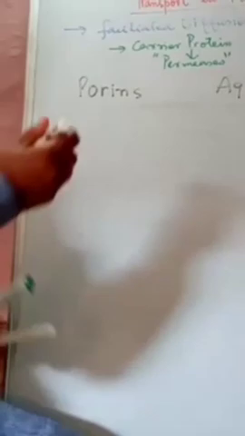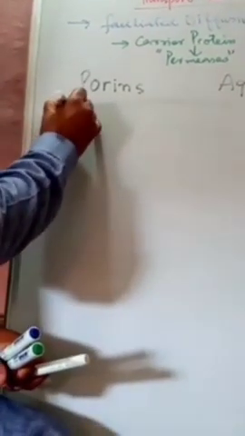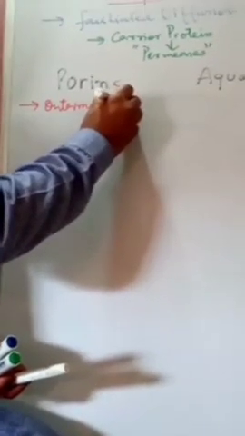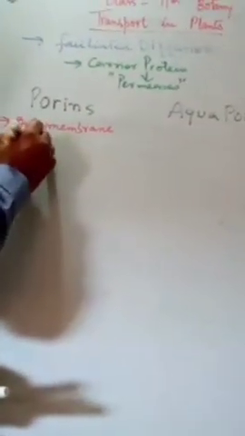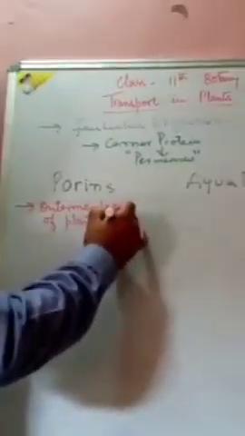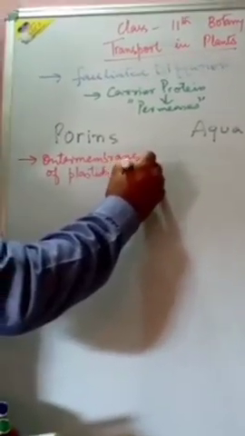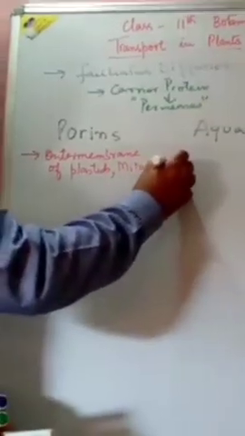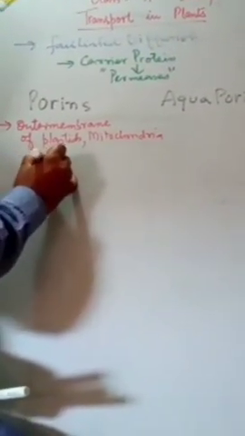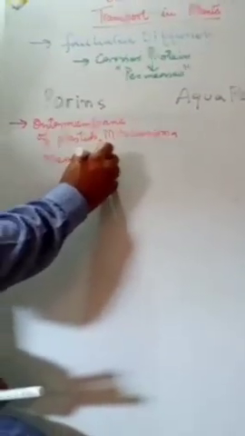These are the carrier proteins which are mainly found on the outer membrane of plastids, on the outer membrane of the mitochondria. These porins are also found on the membranes of bacteria.